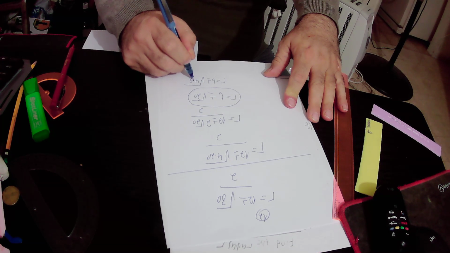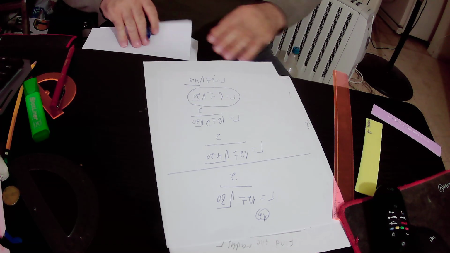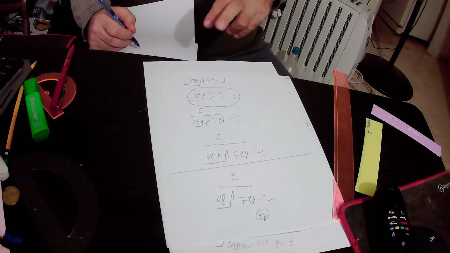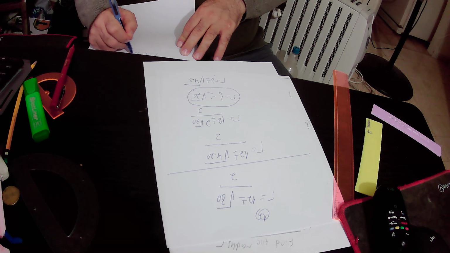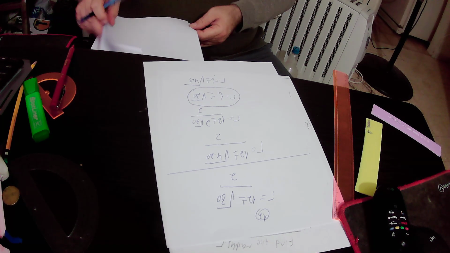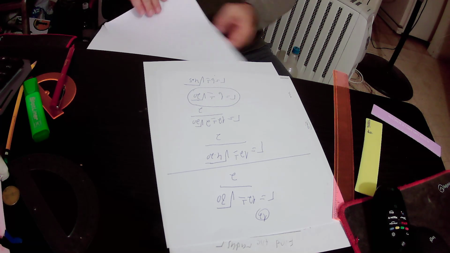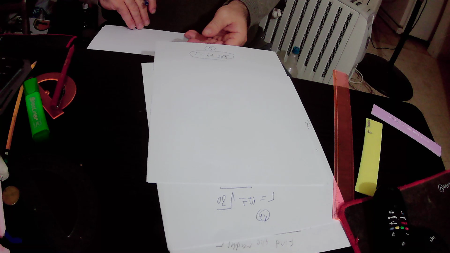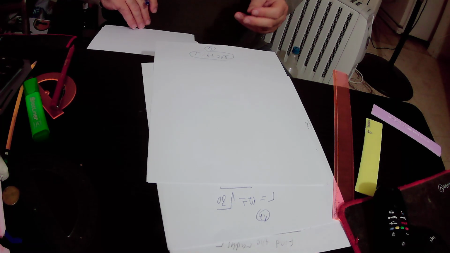The root of 4 is 2, so in the root we are left only with 5. So the radius of the small circle equals 6 plus minus 2 times root 5.